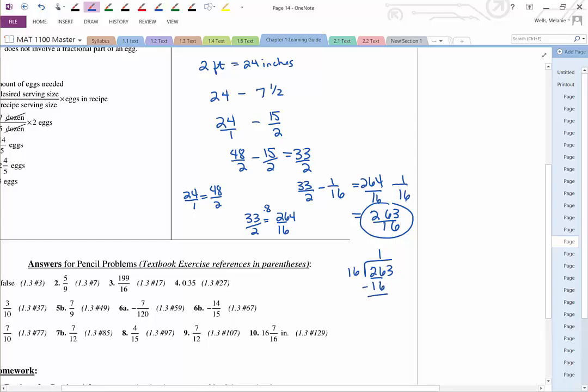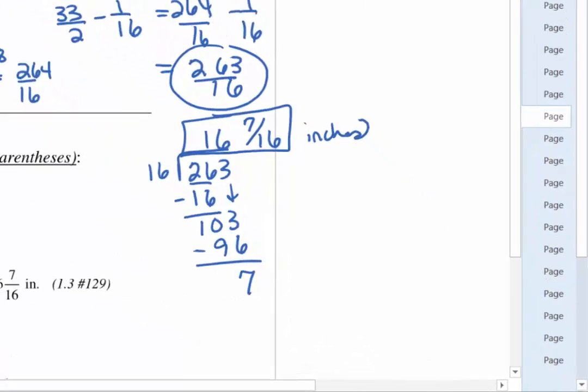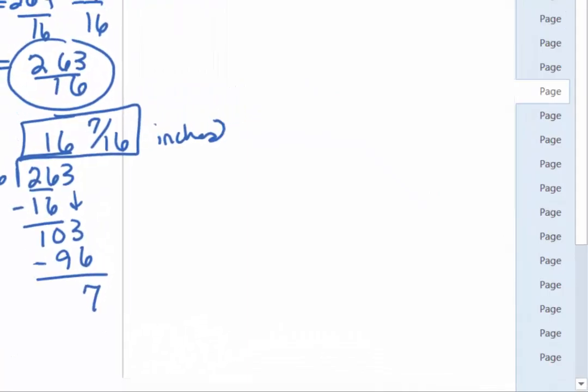We subtract, I would have 10, bring down the 3. 16 will go into 103 6 times. 6 times 16 is 96. So that would leave me with a remainder of 7, so 7/16. So the mixed number form of what would be left, remember this was in inches, is 16 and 7/16 inches.